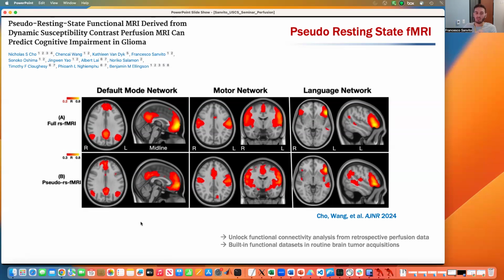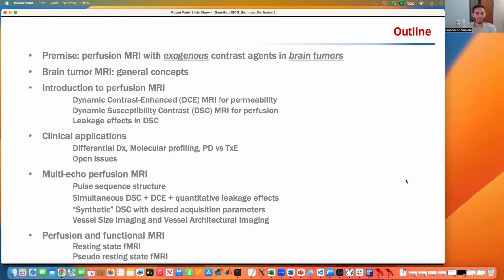So definitely it's going to be a noisier sequence to do fMRI on. But potentially it's a method to unlock functional connectivity analysis from retrospective perfusion data, which is very, very interesting.